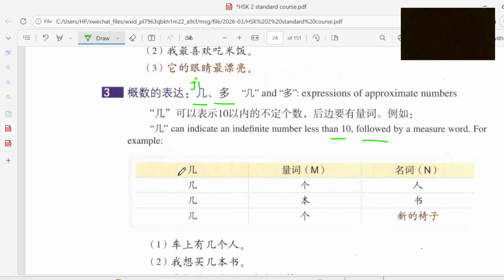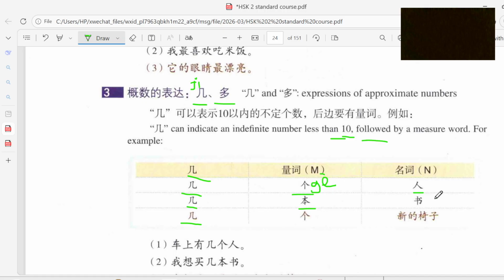For example, ge: ji, then plus measure word. Nouns in Chinese have different measure words, but the common measure word is ge. Jige ren. How many people? It means they are less than 10. That's why I use ge.